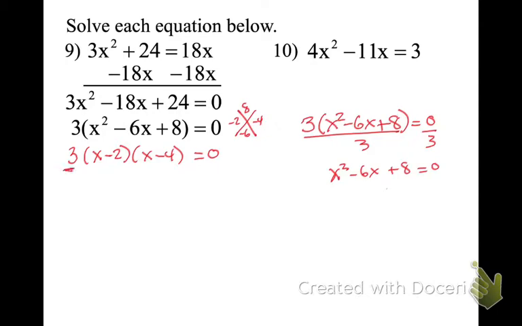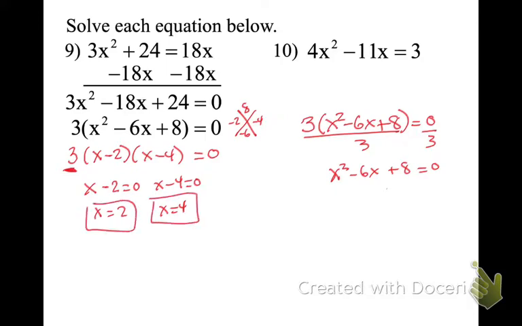So I'm going to just kind of let it sit there, and the only thing I'm going to do is set x minus 2 equals 0, x minus 4 equals 0, and so here x is equal to 2, x is equal to 4, and 3 is just not really a factor. It sits there because it can never be 0. Okay? So my solutions are 2, 4. I always forget.